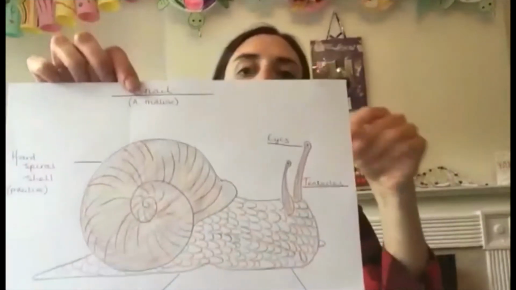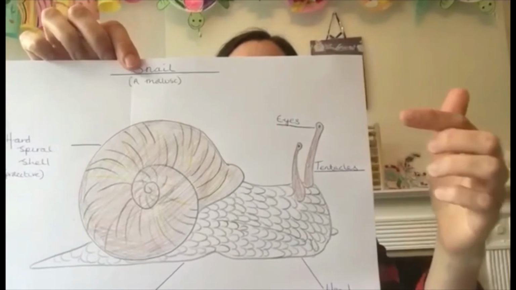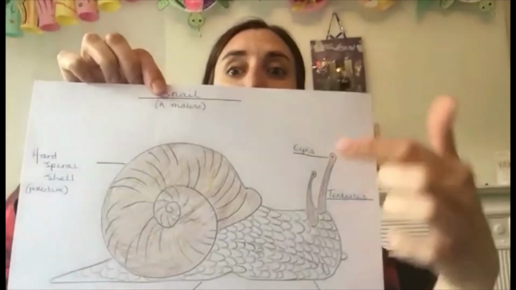Okay, so once you've done that, what we'd like you to do, the second part of your task, is to choose one of the invertebrates that you discovered on your hunt and to create a drawing of your creature. And as you can see, I've done mine rather large because I wanted it to be nice and big on the page.